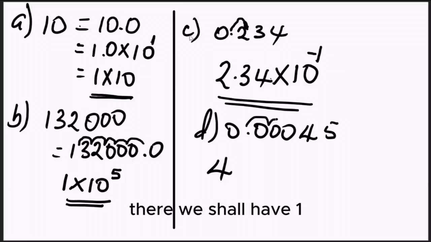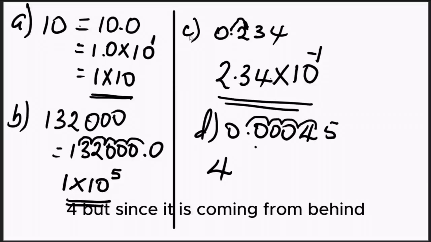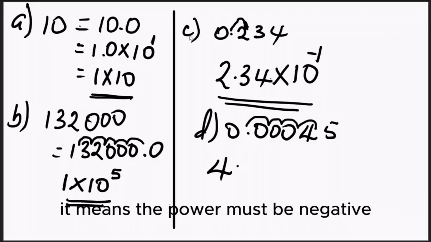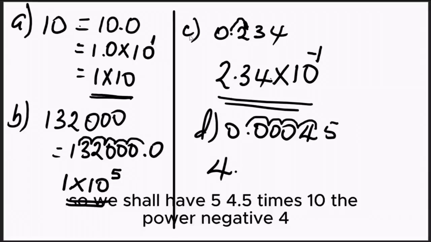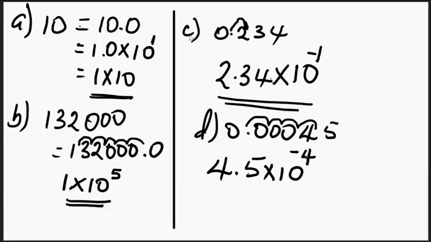We shall have 1, 2, 3, 4. But since it is coming from behind, it means the power must be negative. So we shall have 4.5 times 10 to the power negative 4.